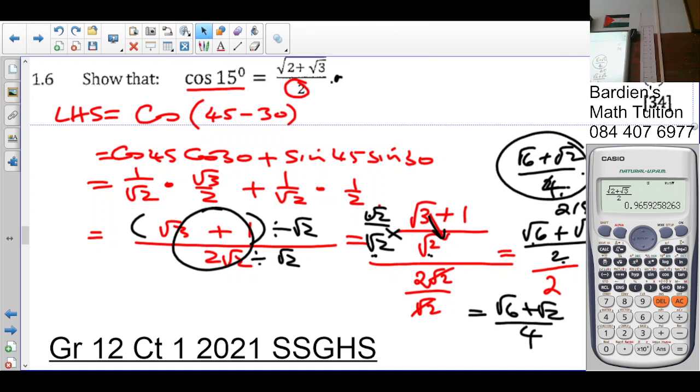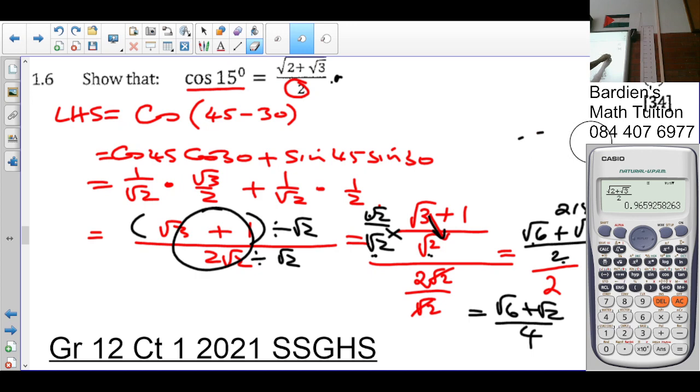Okay? So, of course, that is not equal to the left-hand side. So what you do is you take the right-hand side now.